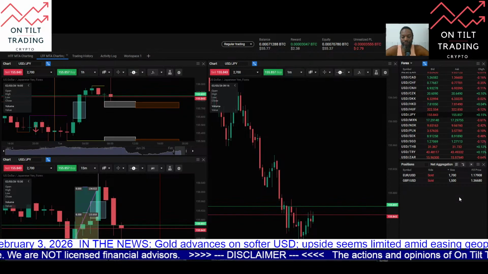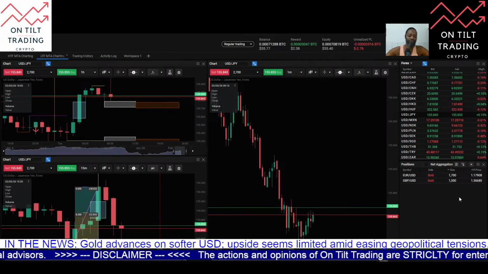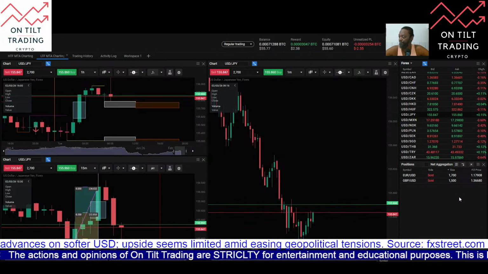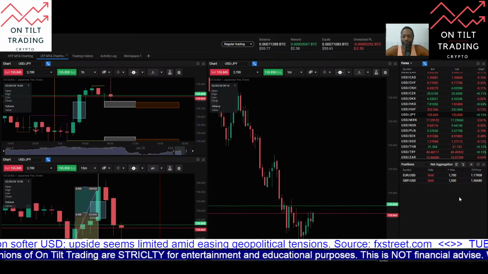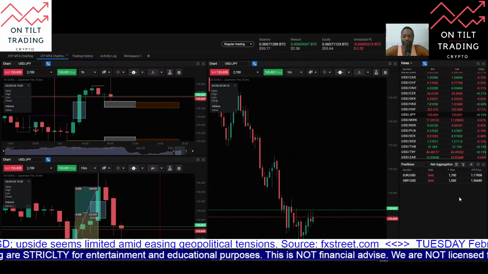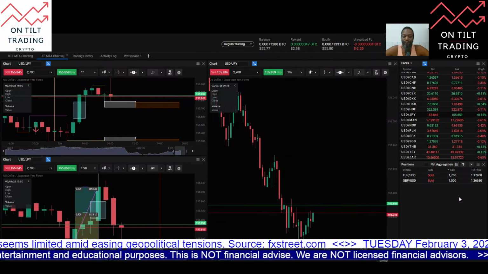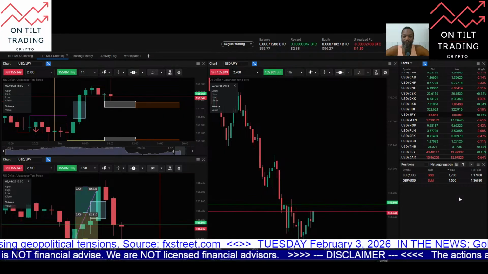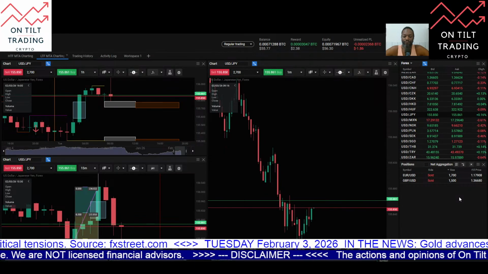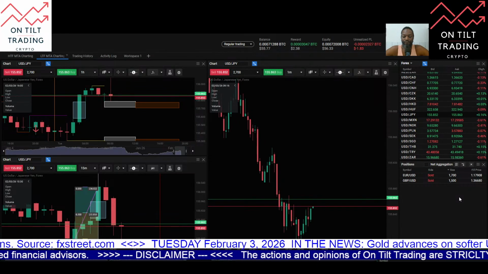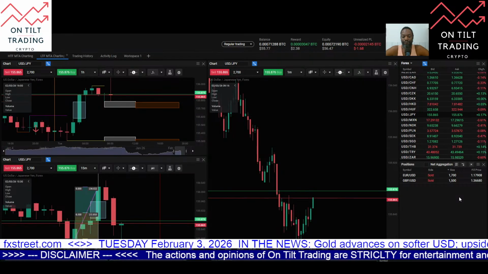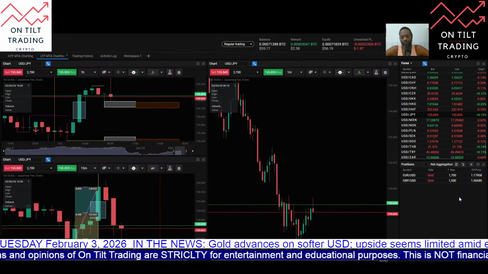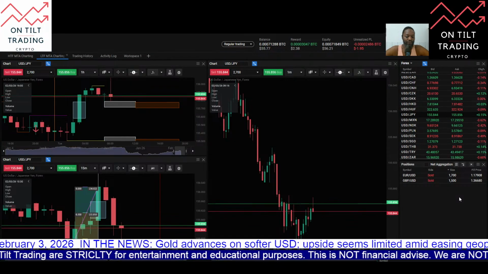And seeing some buy side delivery coming in here on the dollar yen pair. Volatility showing here.